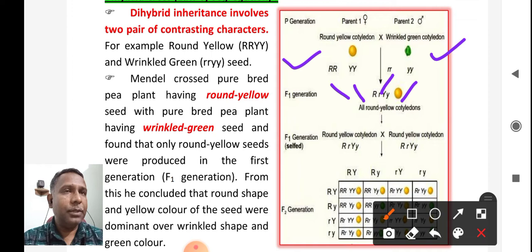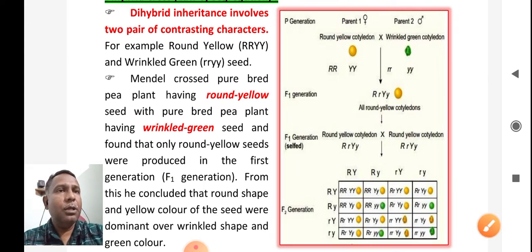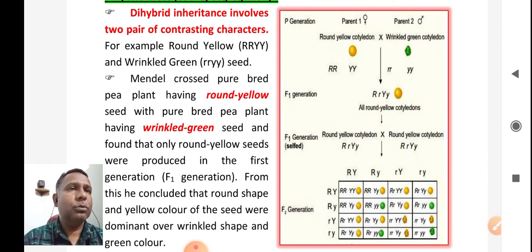So in that way, in the F1 generation, the progeny formed will be of the same genetic composition, capital R, small r, capital Y, small y. So the first filial generation is all round yellow cotyledons.